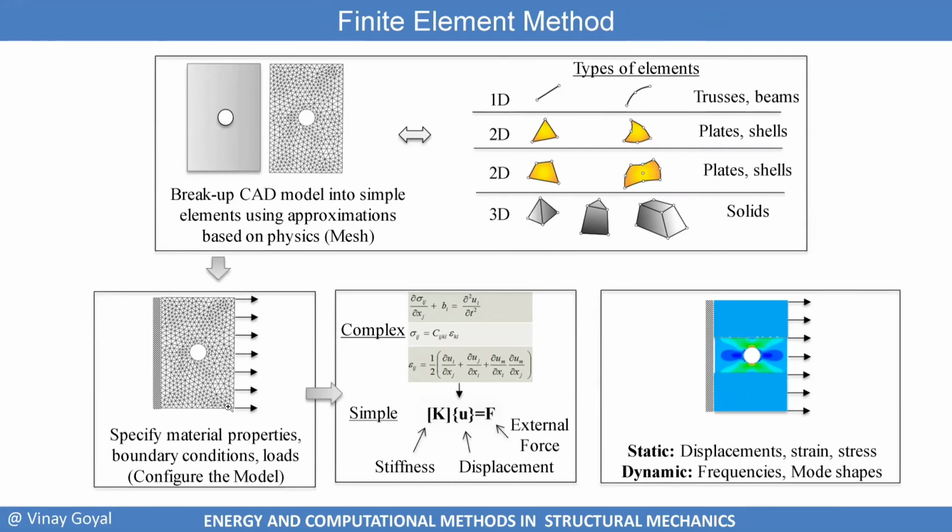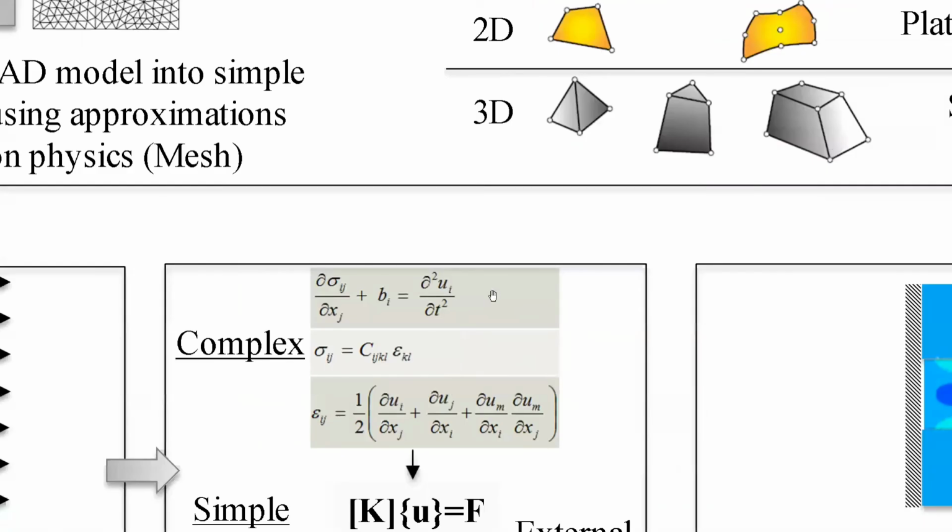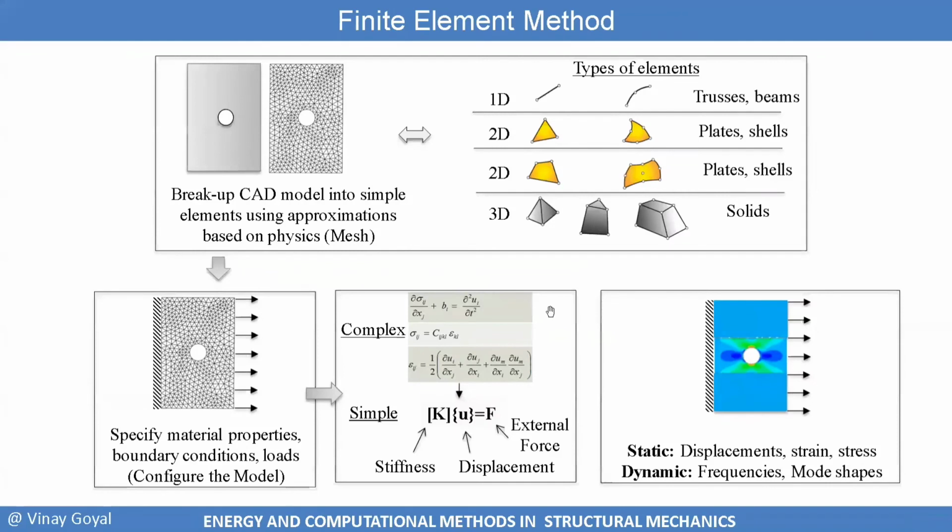When I specify material properties, boundary conditions, and loads, I'll solve these equations in a way that is quite powerful, because I'll take these 15 equations and turn them into stiffness times deflections equals force. So I took a very complex, highly coupled partial differential equation, 15 equations, 15 unknowns, and turned it into just a matrix times deflection equals a vector. And I can just solve for that deflection fairly straightforwardly.